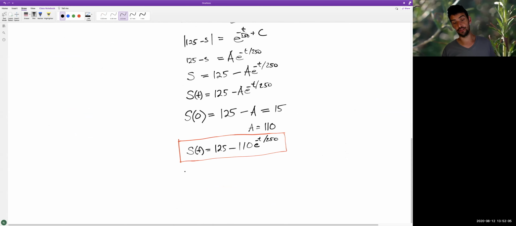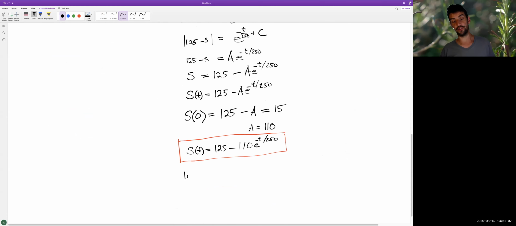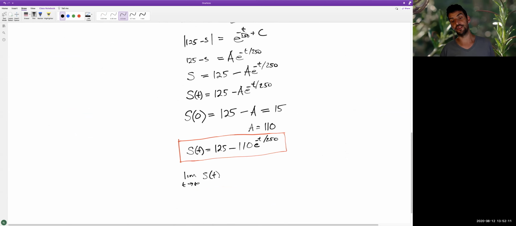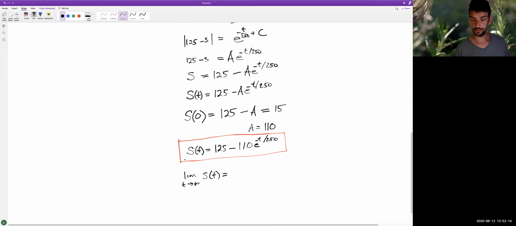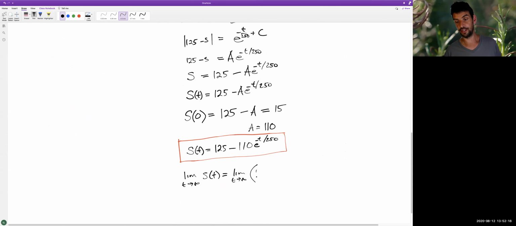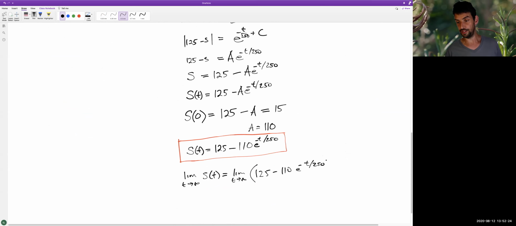In other words, I want to start looking at the limit as t goes to infinity of S of t. Well, this is the limit as t goes to infinity of 125 minus 110 e^(-t/250).